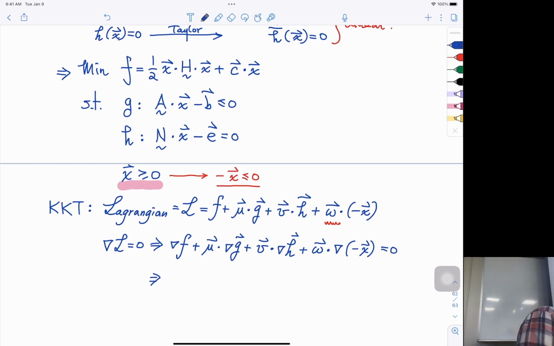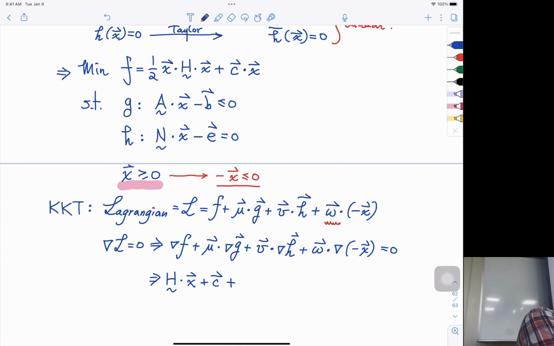Gradient of F actually ends up with Hessian times X plus C, and then gradient of G ends up with A.